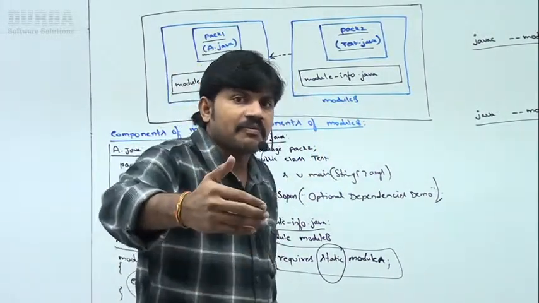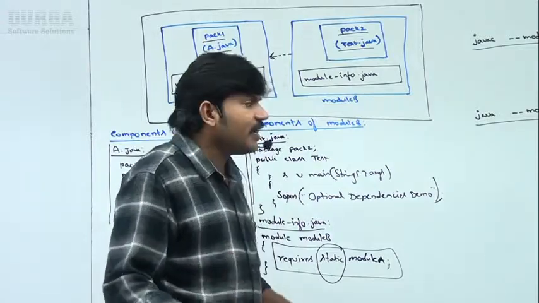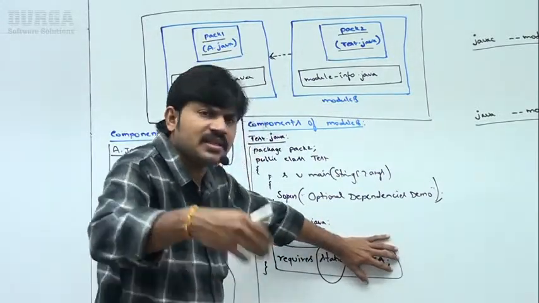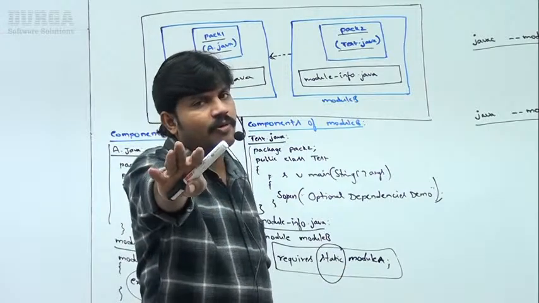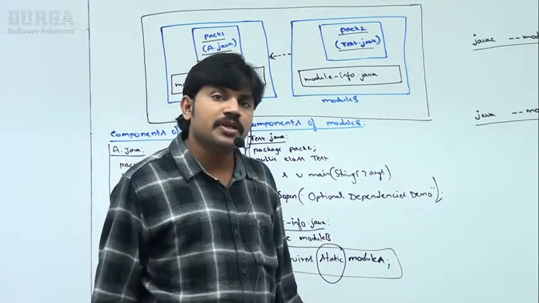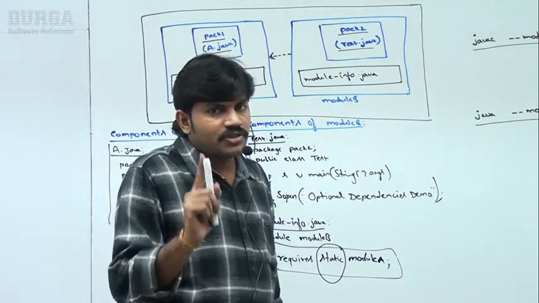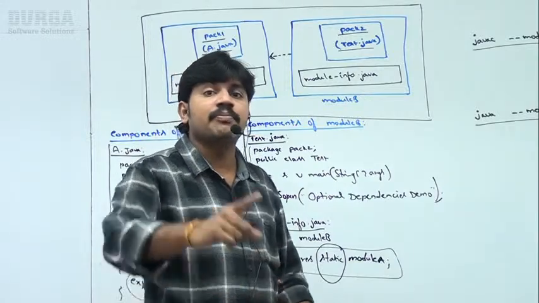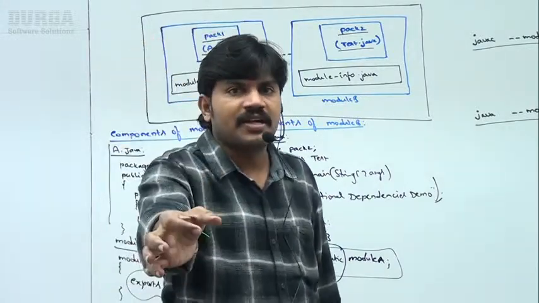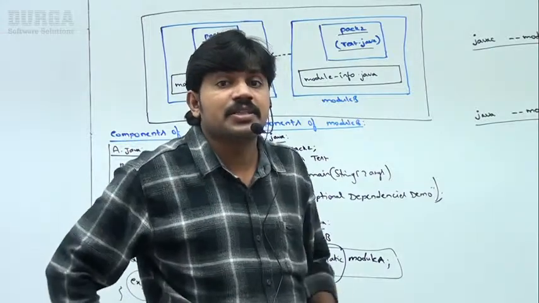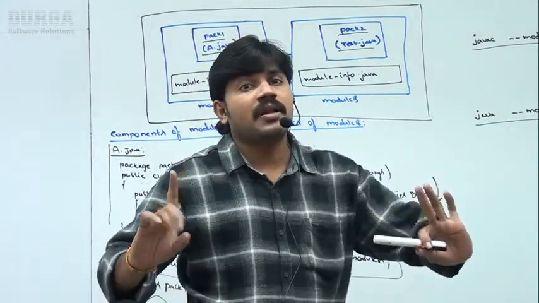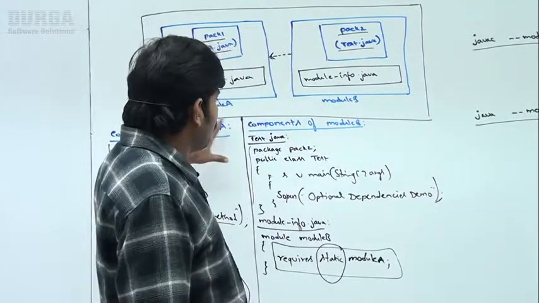But at runtime, even if module A is not available, compiled classes of module A are not available, no problem. Happily my module B is going to run. So dependency checking is mandatory at compile time but optional at runtime. Such a type of dependency is by default considered an optional dependency, right?